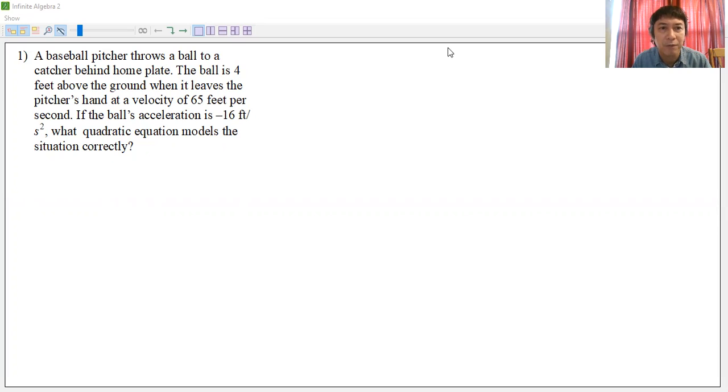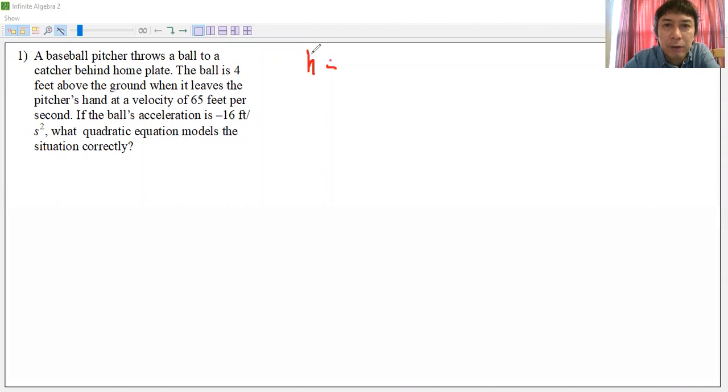All right, from the given, we have the ball is 4 feet above the ground. Now, in problems like this involving displacement or height, and involving velocity, this is considered a motion problem. Now, we shall see the format for this type of problem, which is actually this format.